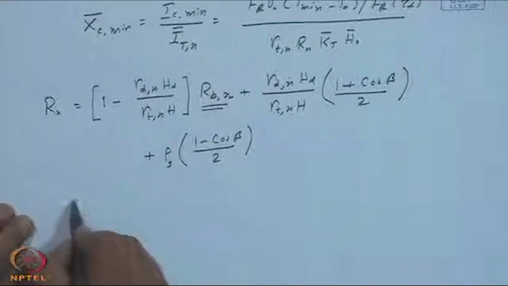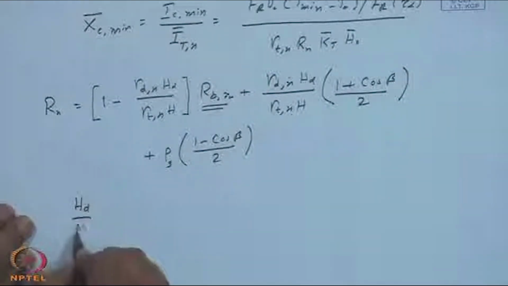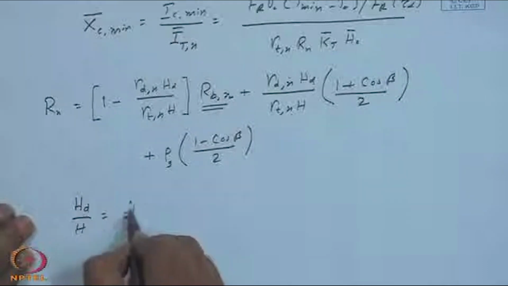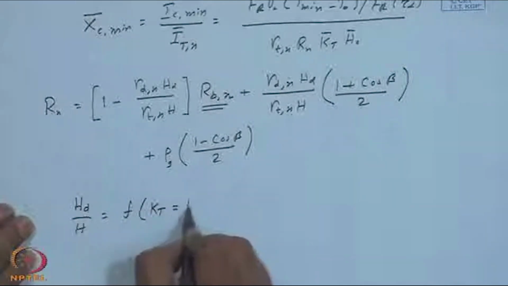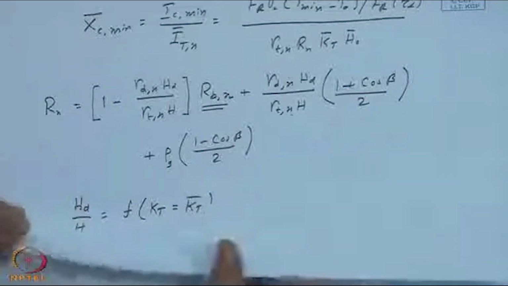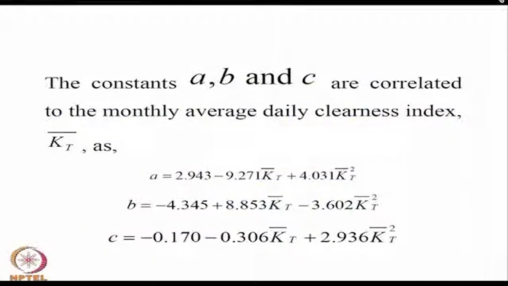And here I also emphasized that HD by H is calculated as daily clearness index with KT numerically equal to KT bar. For a number of reasons this is supposed to have worked better, consequently this has been adopted.